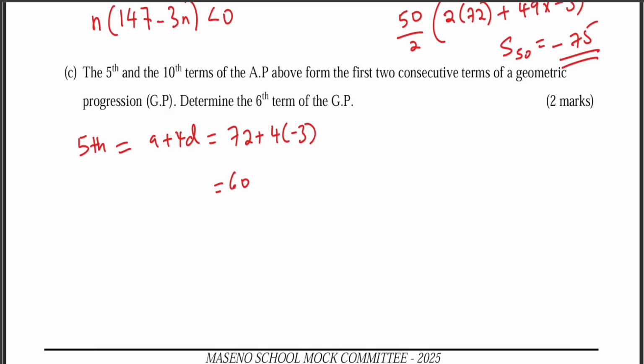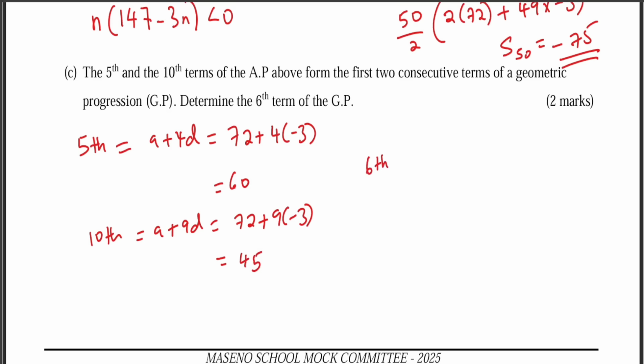As for the 10th term, it is a plus 9d, so it's basically 72 plus 9 times negative 3, so 72 minus 27. So 72 plus 9 times negative 3 is 45. So this is 45.